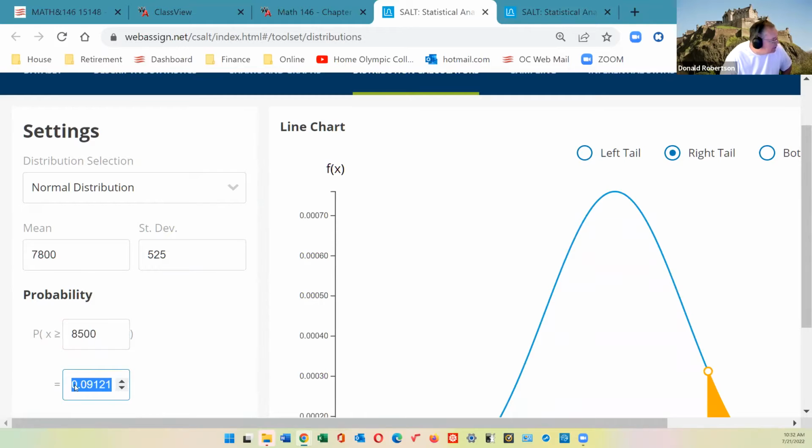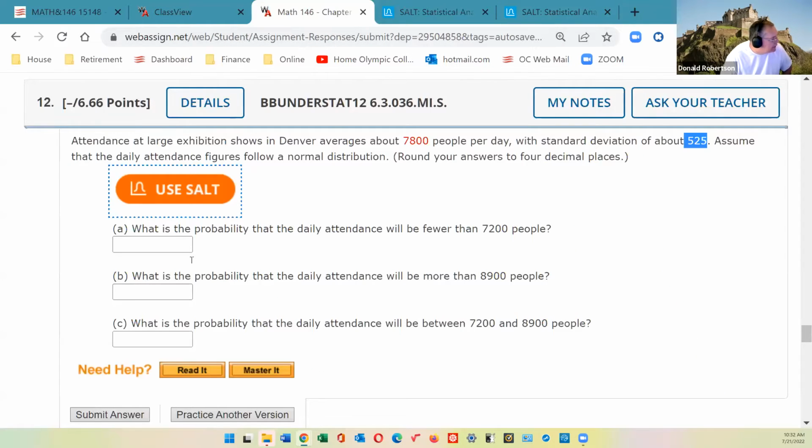And I'll copy this. And the answer, I've just put the answer down here, although that's not where it belongs. Right. Can you see that if I round that off, isn't there a 9% chance that you're going to have a full audience, right? A full convention.